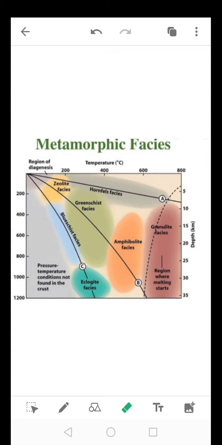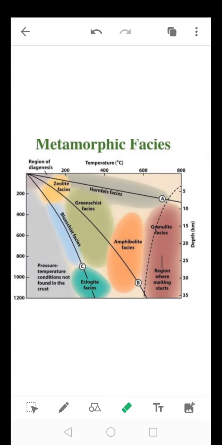So remember, metamorphic rocks are rocks that were formed due to extreme temperatures and pressures in a specific geologic setting. Meta means change, and morph means form.